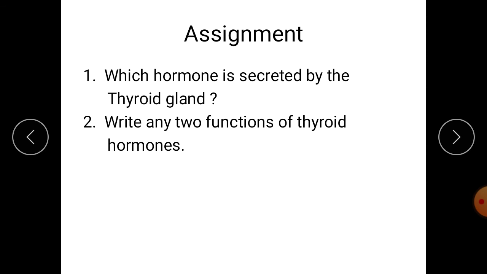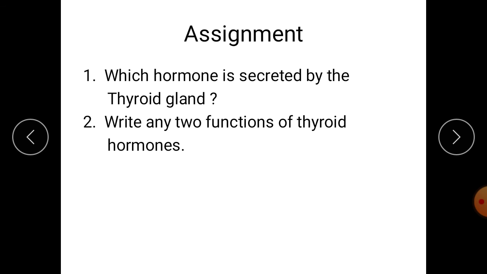Next, assignment questions. On this topic there are two questions. First one is, which hormone is secreted by the thyroid gland? Actually, the thyroid gland secretes three hormones: tetraiodothyronine, triiodothyronine, and calcitonin, thyrocalcitonin.